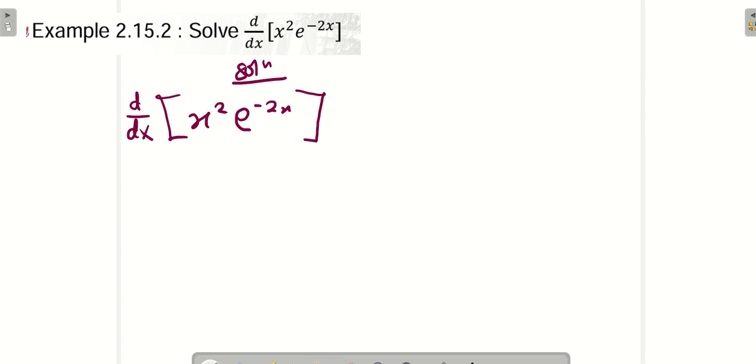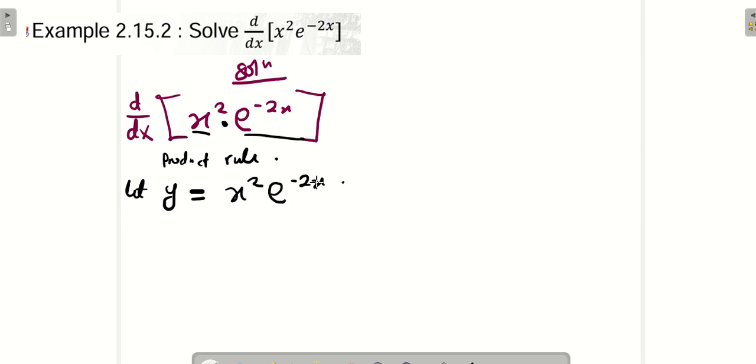Now take note that this is a product, one function multiplying the other function, so we use the product rule. Now the product rule says that hold the first expression. So we are differentiating. Let y be equal to x squared e to the power negative 2x.